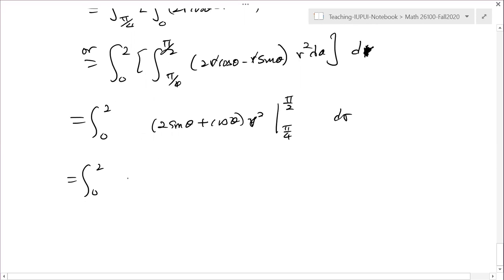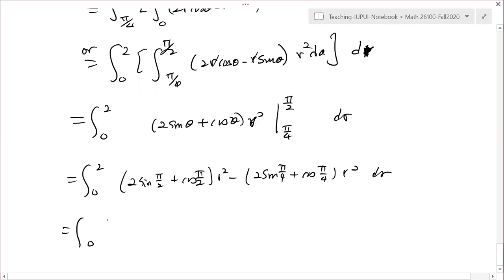The first one is 2 sine pi over 2. Cosine pi over 2 is going to be 0. Minus 2 sine pi over 4 plus cosine pi over 4. So the first term here is just 2.